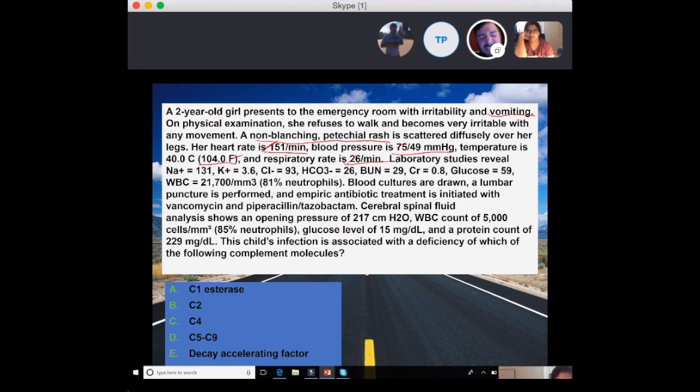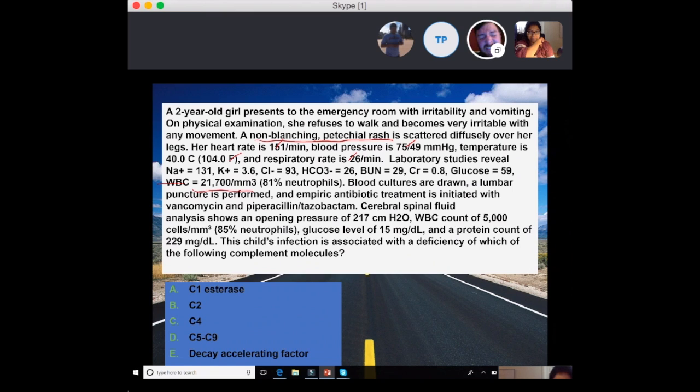But, oh no, DIC would have decreased white blood cells, and we've got elevated white blood cells. Fever, hypotension, tachycardia, tachypnea. This is sepsis. This kid's in septic shock, and it's a bacterial sepsis because we've got an increase in neutrophils. So what kind of septic shock would cause a non-blanching petechial rash? What kind of bacteria would cause a petechial rash?